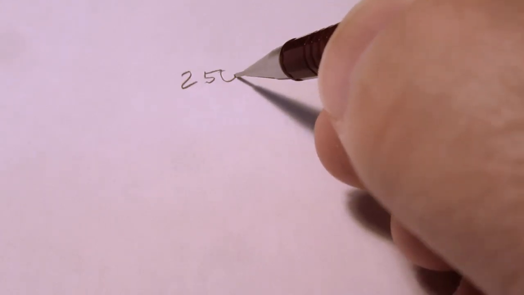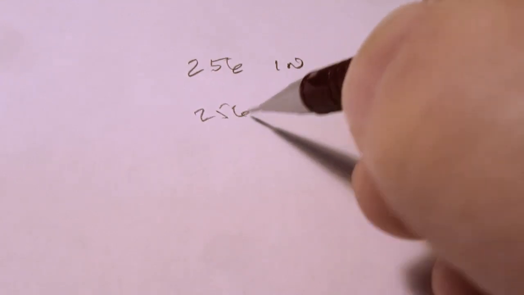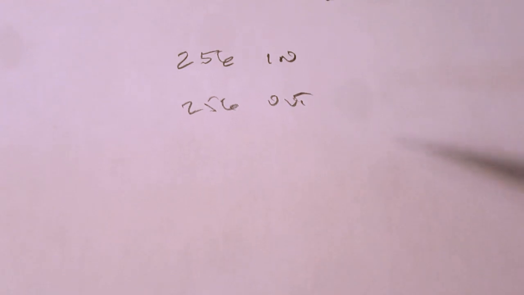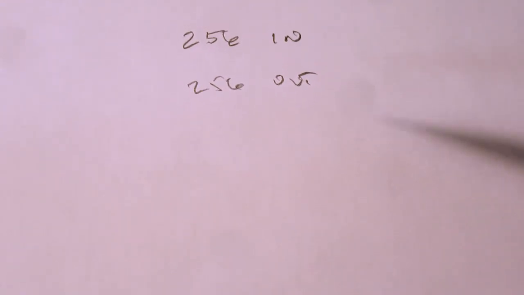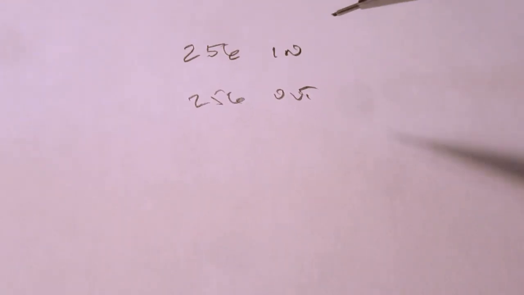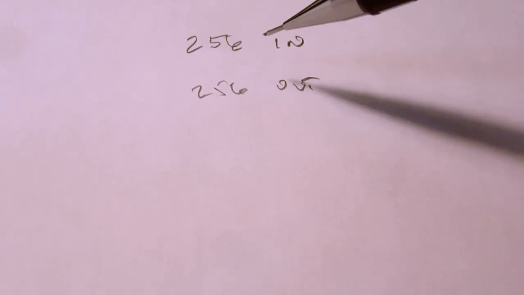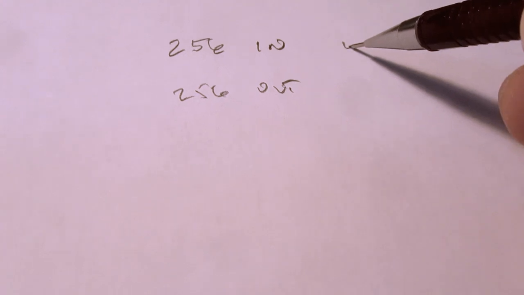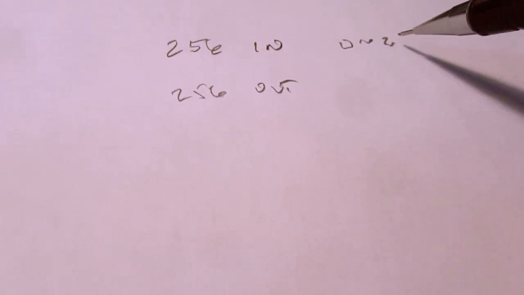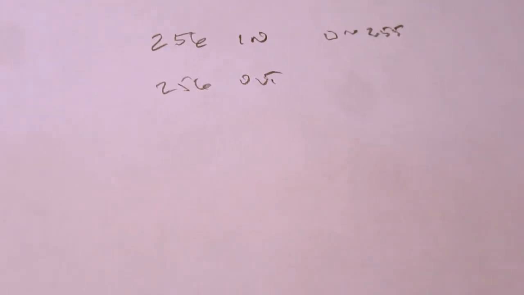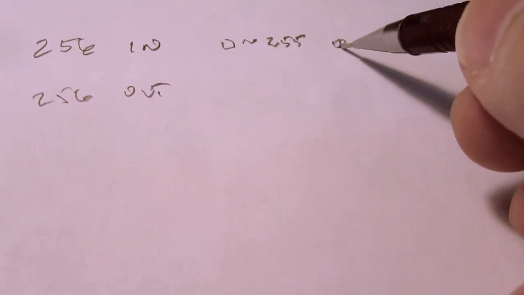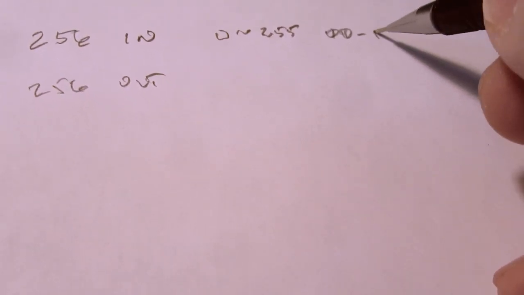The 8080 does it by having 256 ins and 256 outs. These are 8-bit I/O devices, and there can be quite a lot of them, probably more than you would ever need, because they only go up to the range of 0 to 255, which in hexadecimal is 00 to FF.